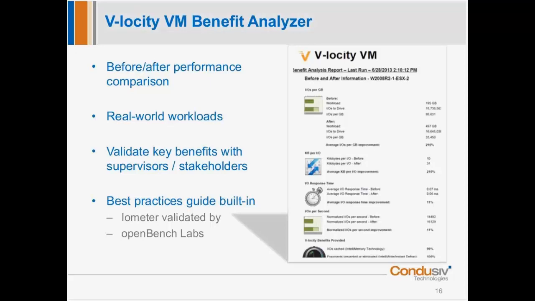Then in the next 24 hours, our software is turned on, and the technology engines for Velocity VM are running, and then on day 3 they measure and tabulate the results, and then you get to see the report. So the beauty of that is once you install it and run your benefit analyzer, the product is now installed and running, and you can continue to receive the benefits, as well as get a report.